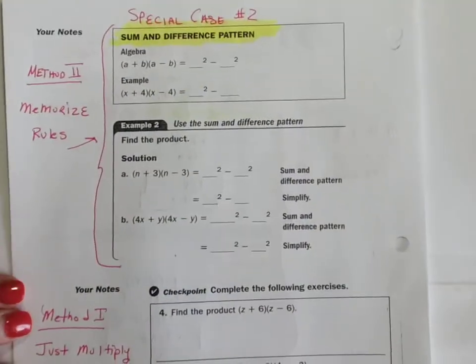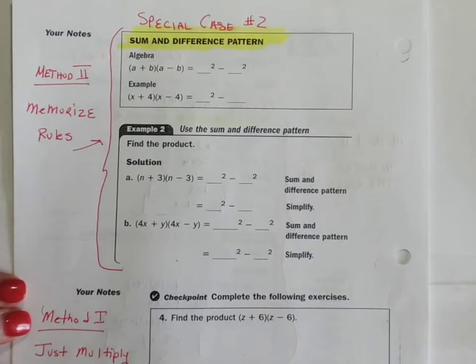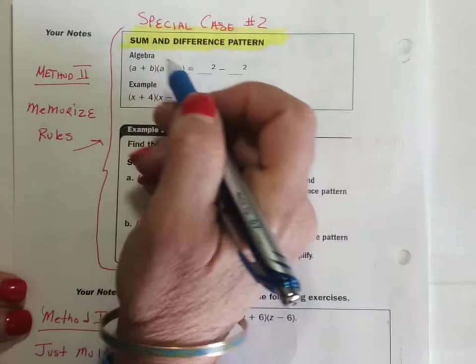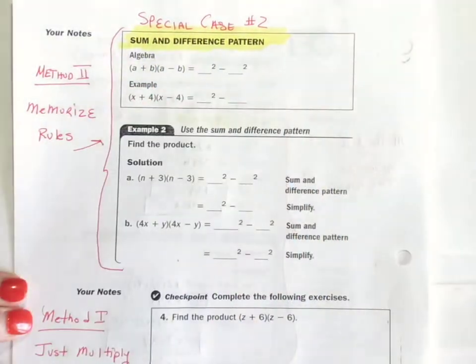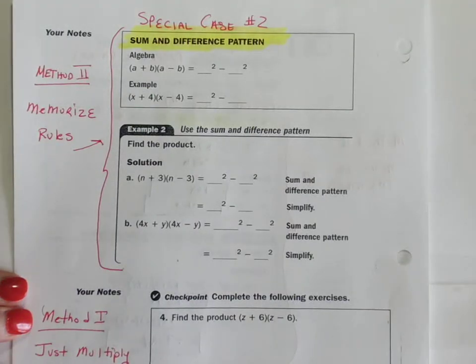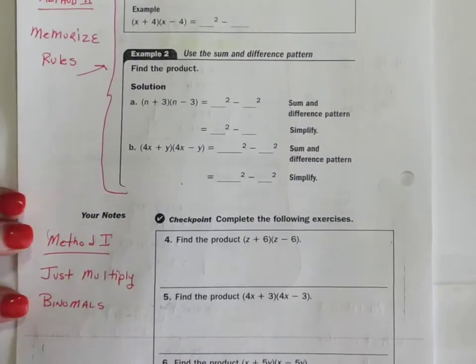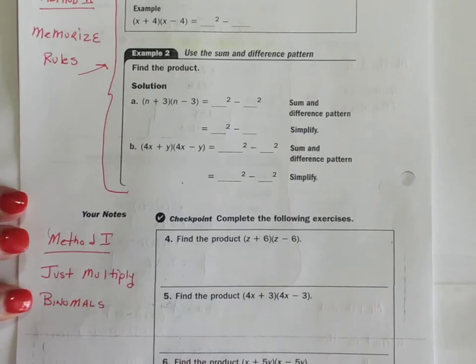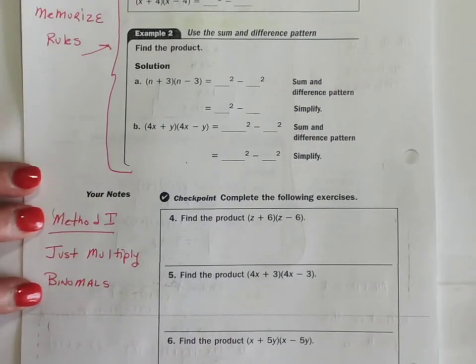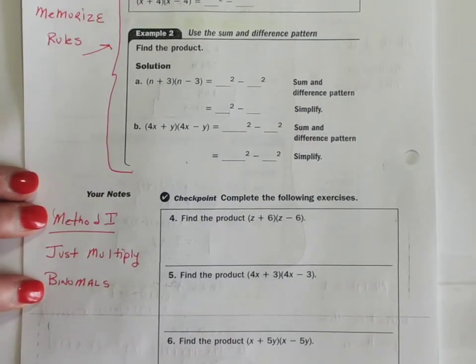Now this pattern is really fun. Here is the sum and difference pattern. So we're going to go through and do these problems by just multiplying the binomials. And you're going to notice something.